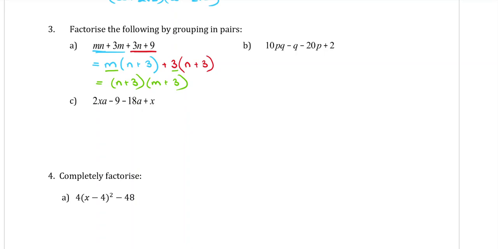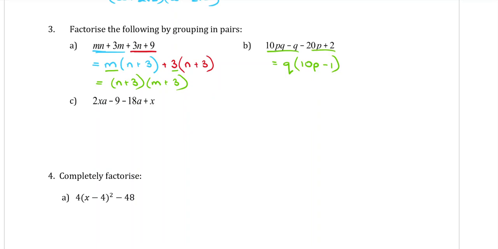Let's do that again. So these first 2 terms, I can bring out a q as a factor. That leaves 10p and minus 1.